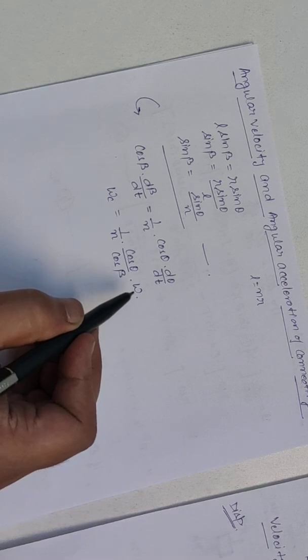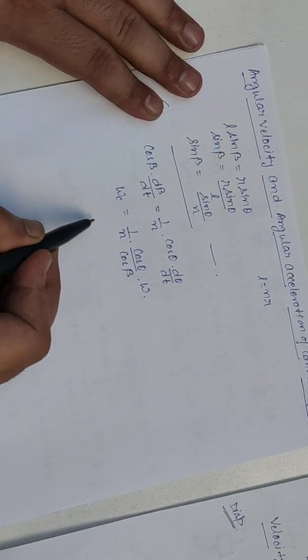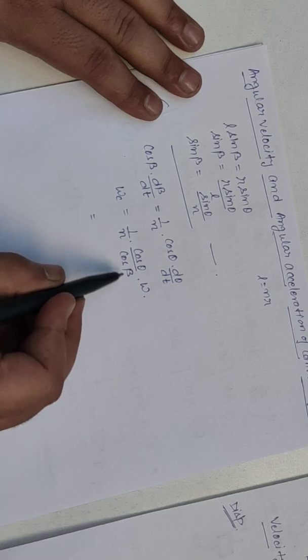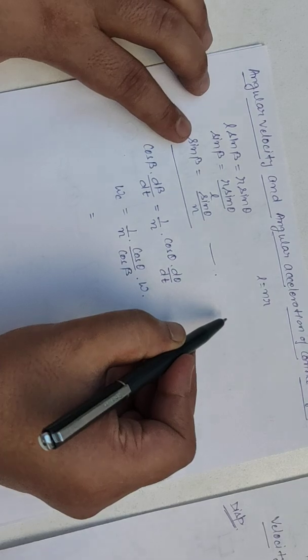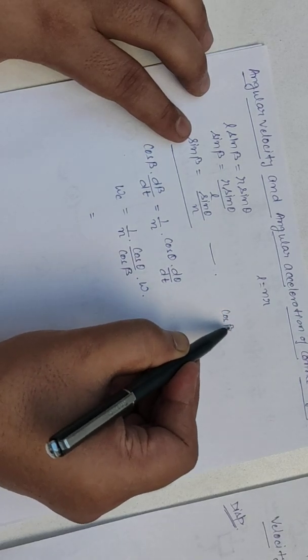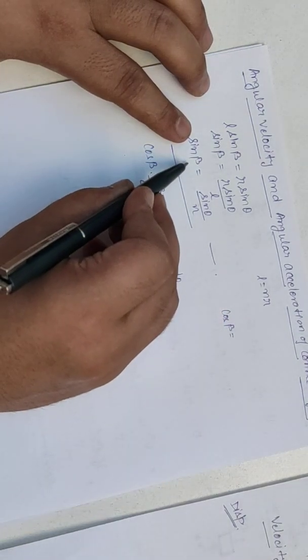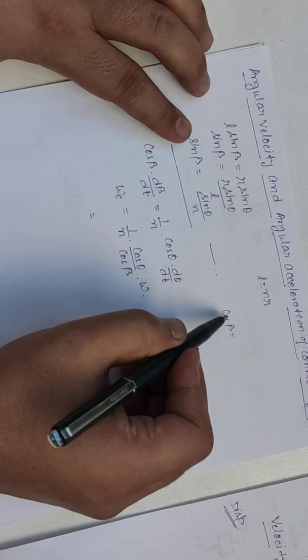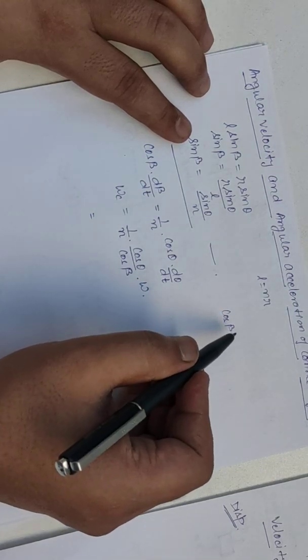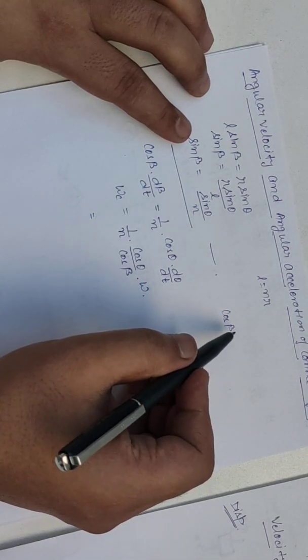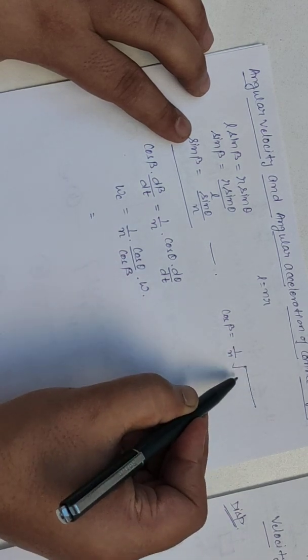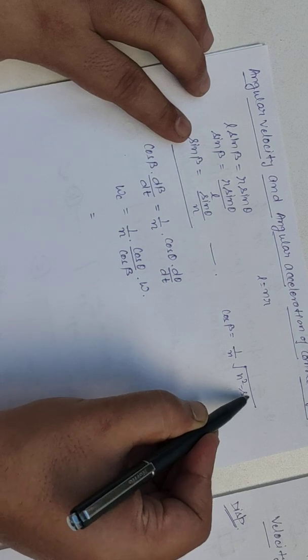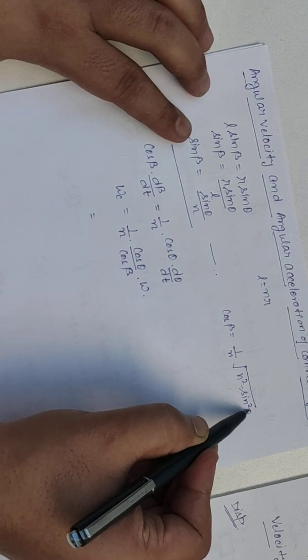Now we can give the value of cos beta: using sin square beta plus cos square beta equal to 1, cos beta comes to 1 upon n under root of n square minus sin square theta.